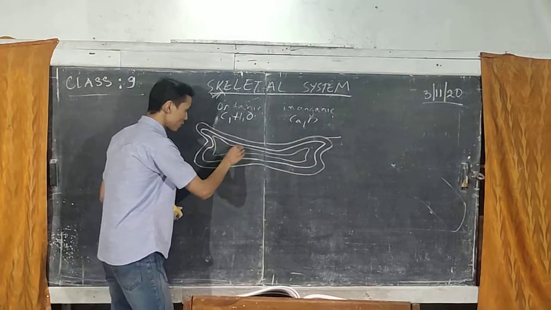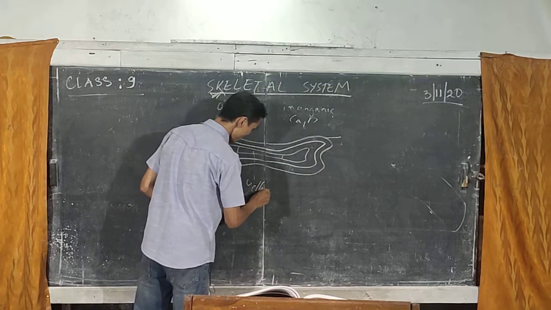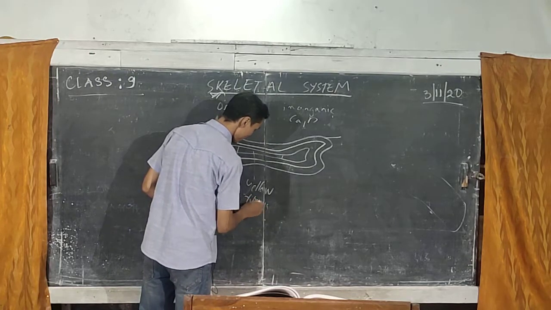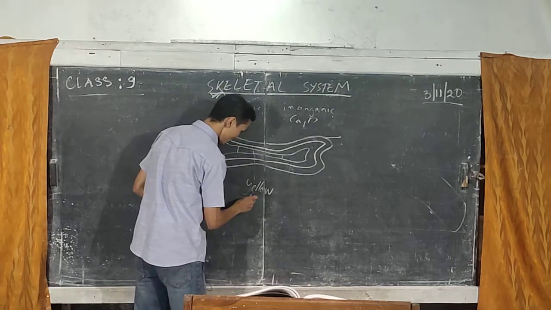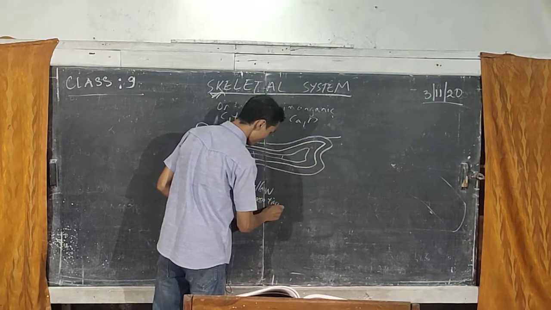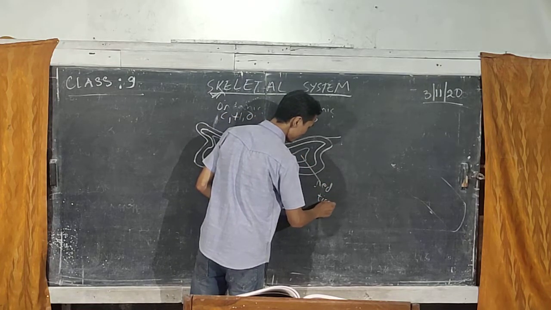But this hollow structure is filled with yellow adipose tissue and red tissue.